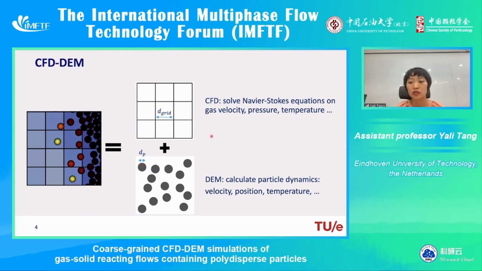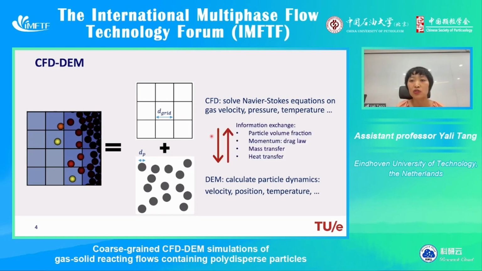And of course, the two phases need to be coupled, and usually the coupling is via information exchange, which involves particle velocity, for instance, particle volume fraction, and also the momentum, mass, and heat transfer. Very commonly, a drag closure is used for the momentum transfer, and mass and heat transfer coefficient closures also need to be used.